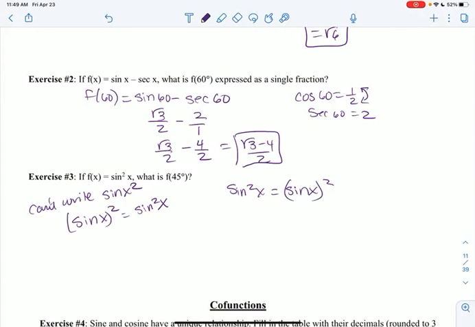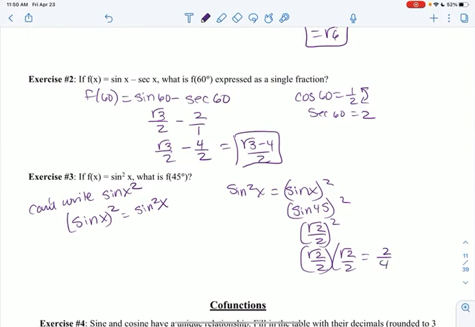And I want to find 45, so I'm doing the sine of 45, and then I will square that. Well, the sine of 45 is radical 2 over 2, and I'm squaring that. That means radical 2 over 2 times radical 2 over 2. And that is radical 4, which is 2, over 4, and that's 1/2.